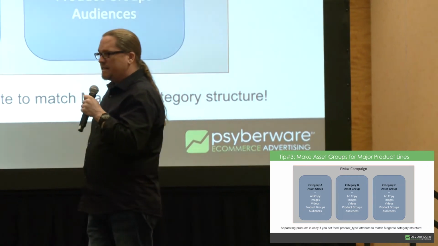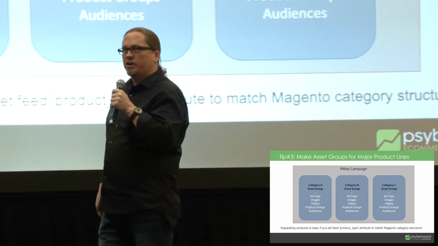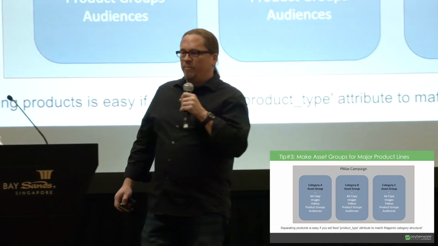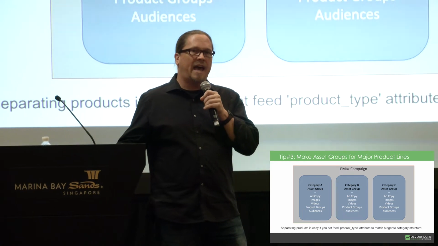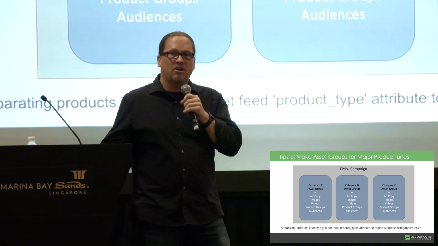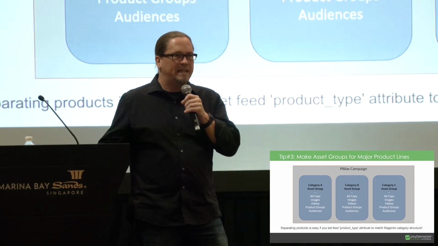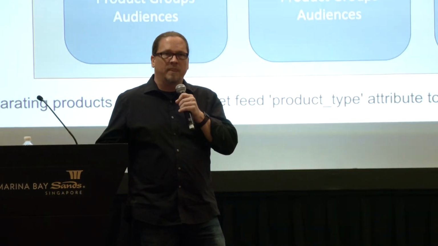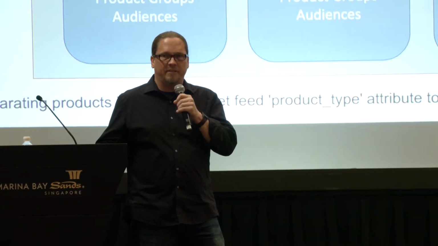This is where we can set up asset groups within larger campaigns to combine the advertising assets, the images, the text, the videos, and audience signals for the people most likely to buy those products, and instead group them together into larger campaigns.